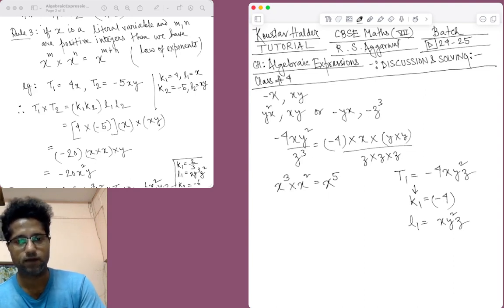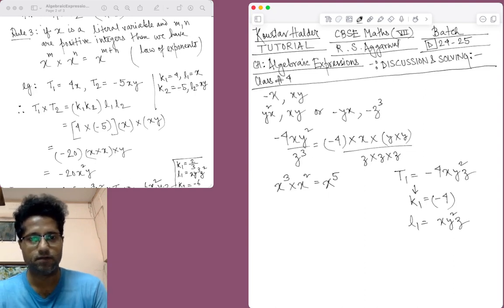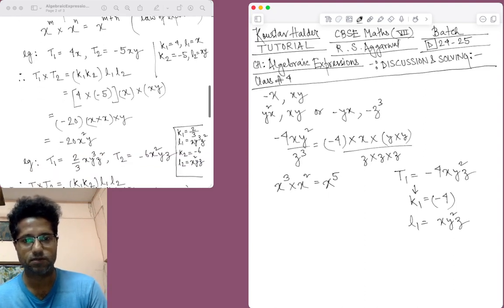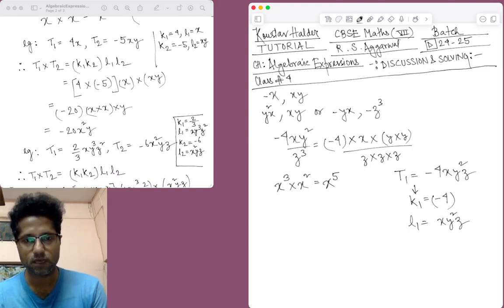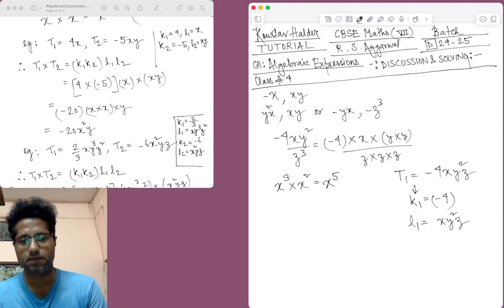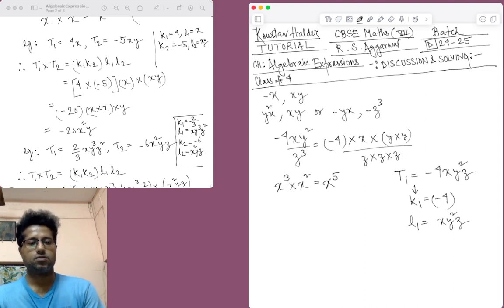L1 is x and L2 is x into y. So when you multiply x by x into y, you have to merge all the same literals in exponential form. x multiplied by x becomes x square, and y remains the same. So the answer is minus 20x squared y. This is how we do the product of two terms.